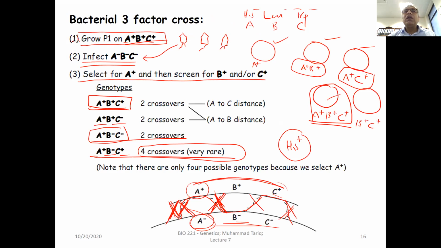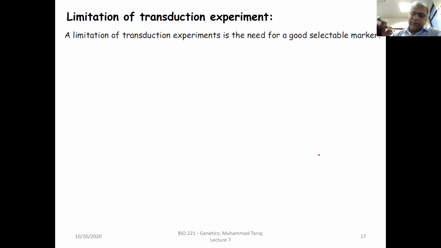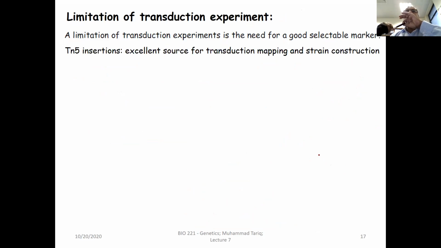How will we know the transduction, not his plus? Let's take one step back. If the transduction is successful, if we can select for his plus, it's a good phenotype to screen. But let's say we don't have a good selectable marker for phenotype selection. How will we know A is transduced or not? So one of the major challenges or limitations of transduction is lack of good selectable markers.